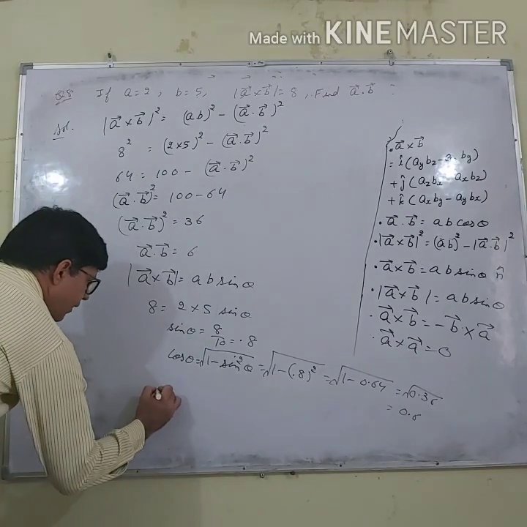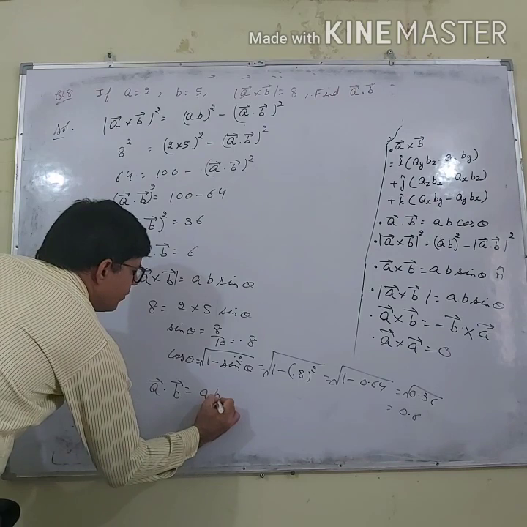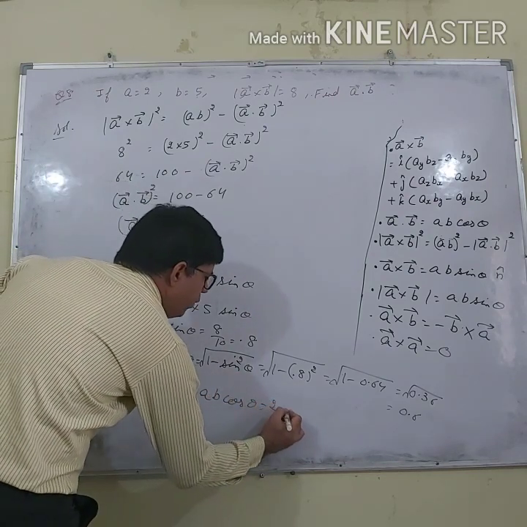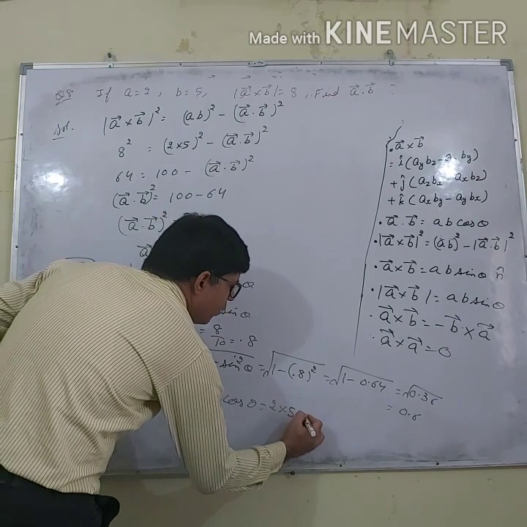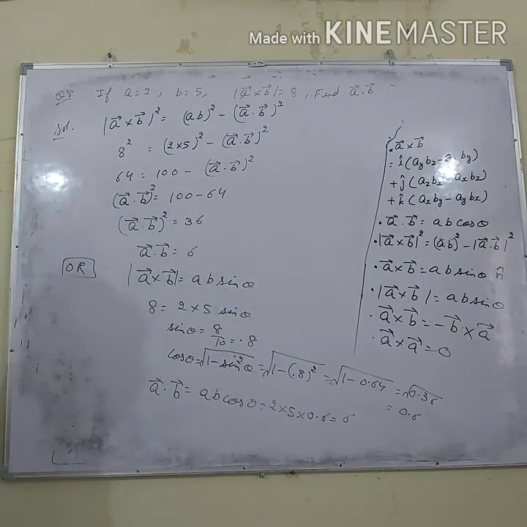What is A dot B? This is AB cos theta. Just put in the values of A, 2, B, 5, cos is 0.6, so the answer is 6. So you can solve this question by any of the methods. The answer will be the same.